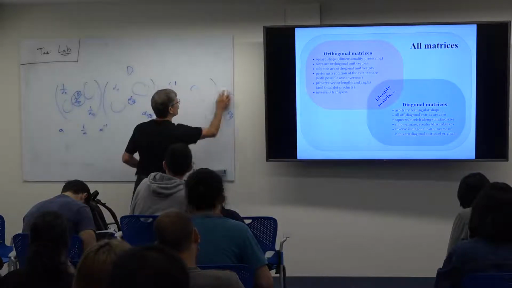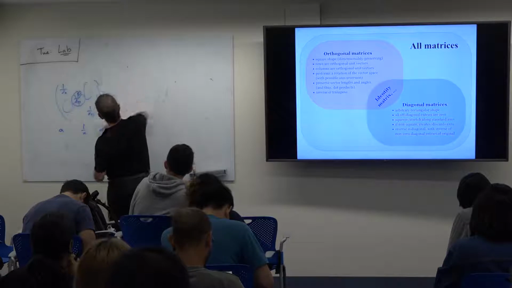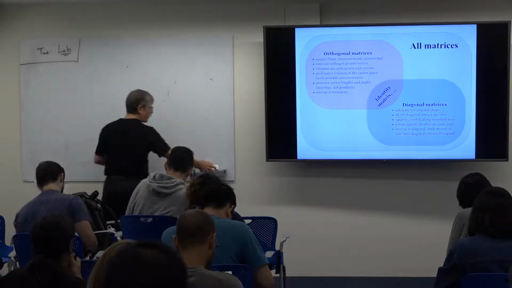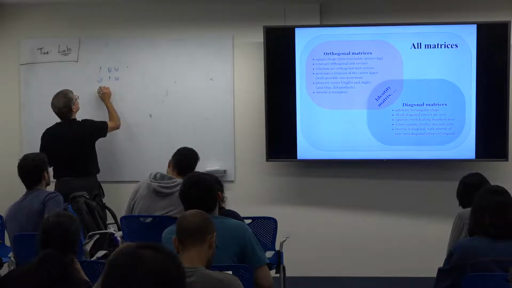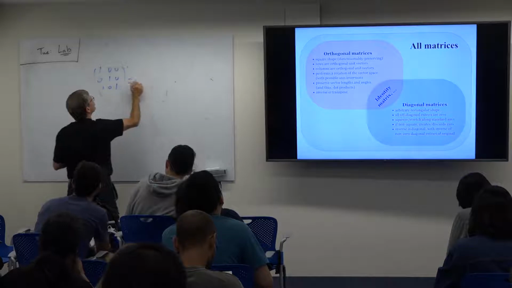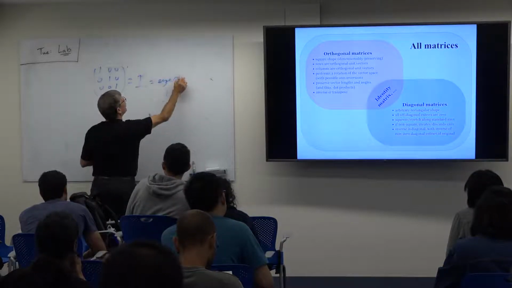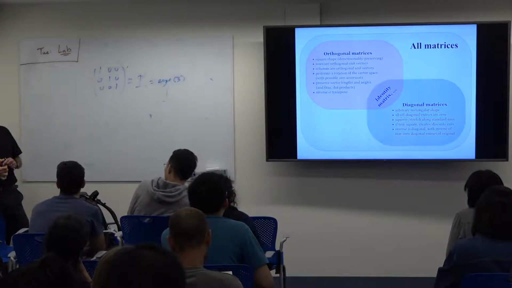So suppose we're in a 3x3 world, and obviously 1, 0, 0, 0, 1, 0, 0, 0, 1, otherwise known as the identity matrix, or I of 3, that's obviously in that intersection. There ain't much else in there.